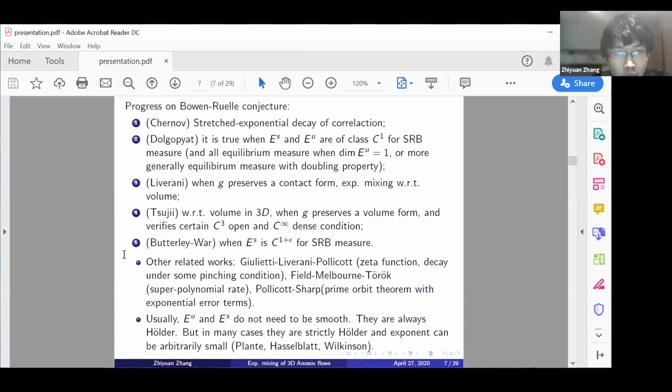And there's also a result of Butterley and War. They show that when the stable foliation is C^{1+epsilon}, then they can show this for the SRB measure. So there are some other related works.